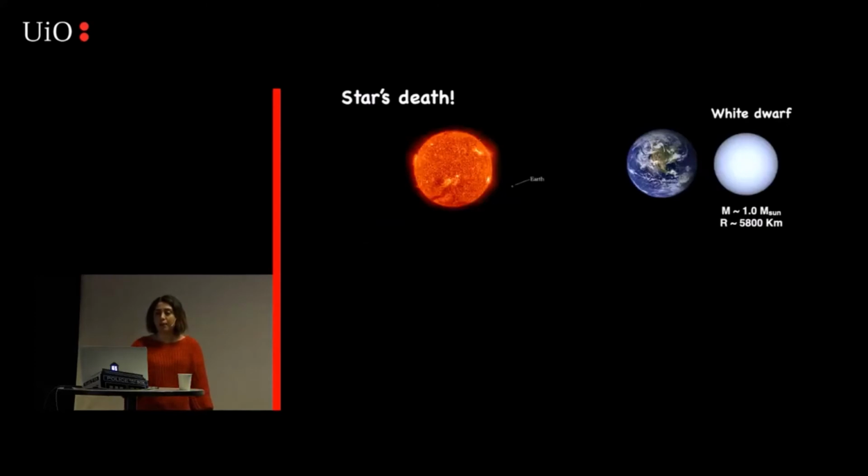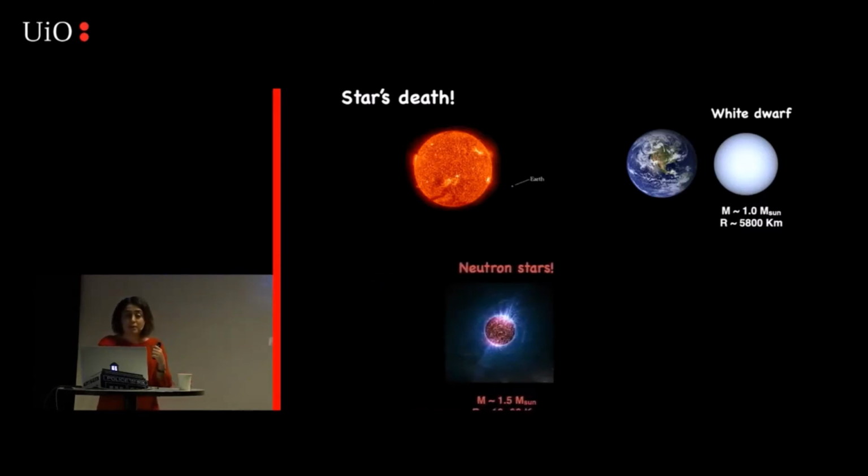Now to compare, to see how dense the stellar remnants are after death, we can look at this relative size of Earth and Sun. When our Sun becomes a white dwarf, all the mass is going to shrink into a small ball with a radius of about Earth's, only 5,800 kilometers.